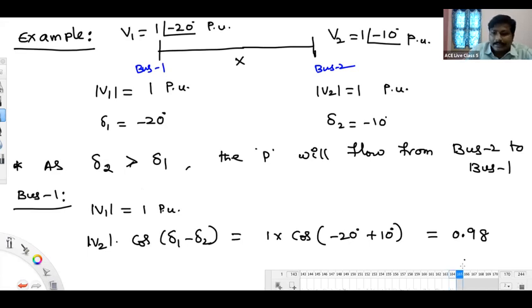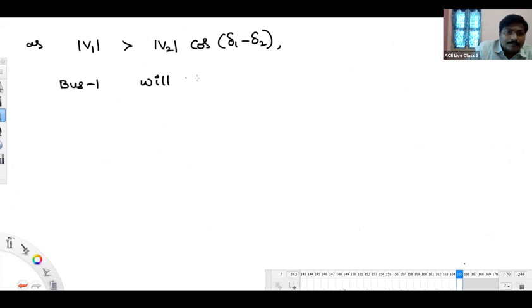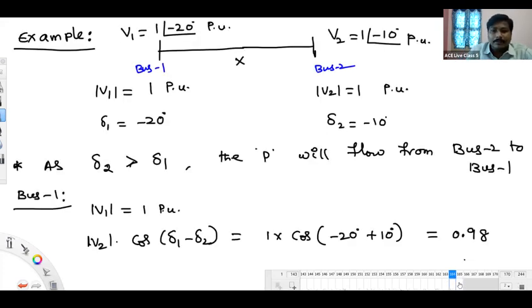So I can say as mod V1 is greater than V2 cos of (delta 1 minus delta 2), bus 1 will deliver the reactive power.